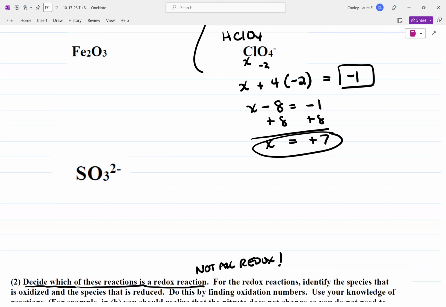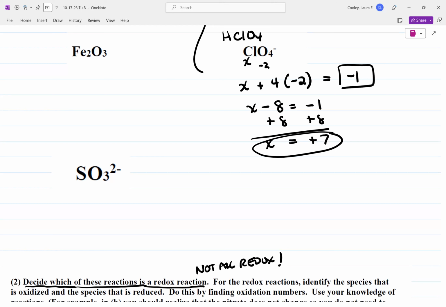Number 4, number 5. For the, because the charge on the ion is negative.